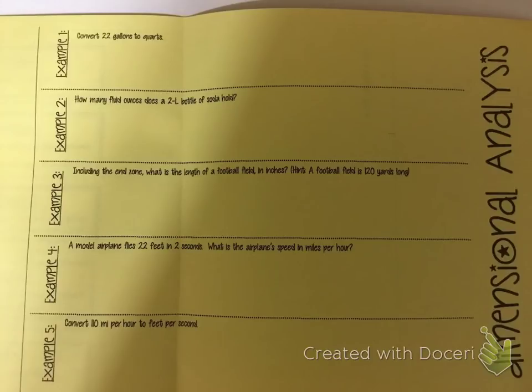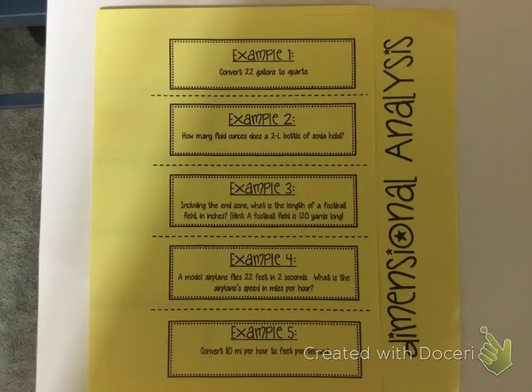So what we're going to do is explore what we have and what we want. So I'm going to go back a page, and we're going to talk about that. So remember, our have was blue. So what we have is 22 gallons. That's our have. What we want is purple, and that's going to be the label quarts.